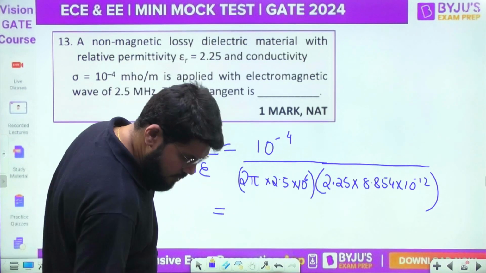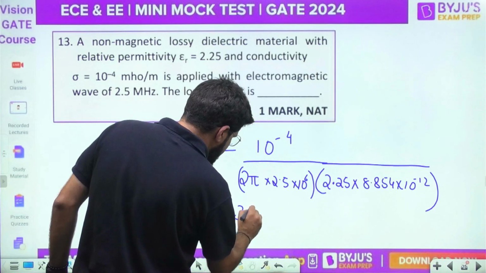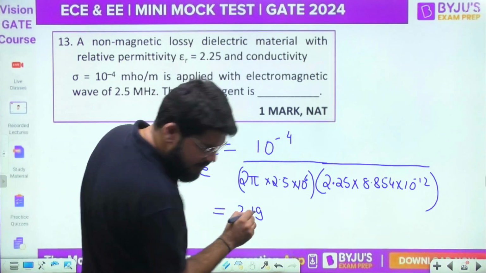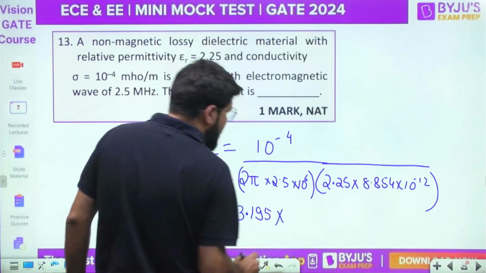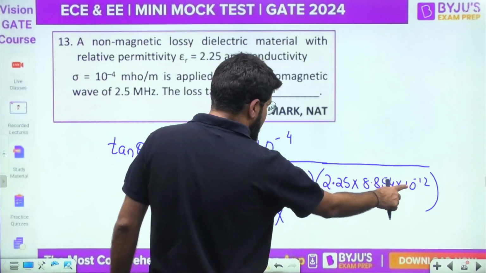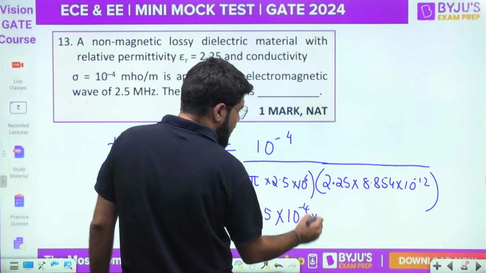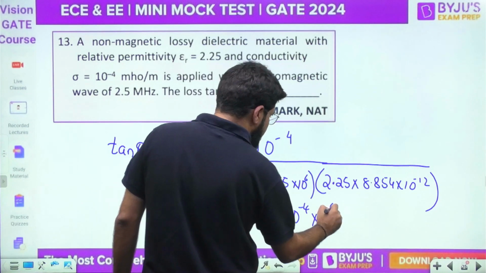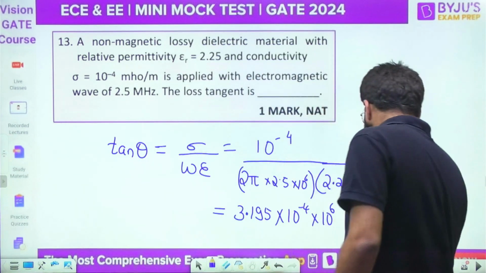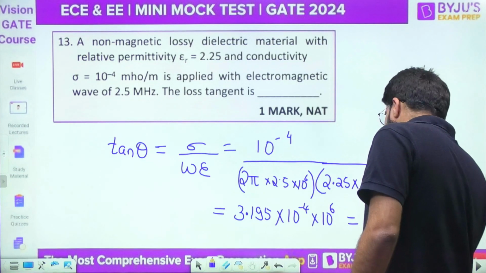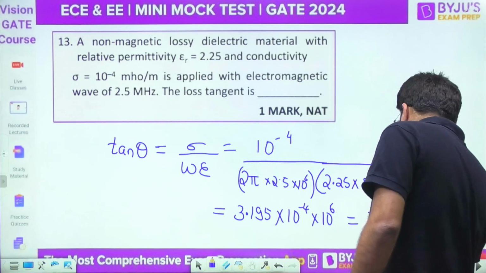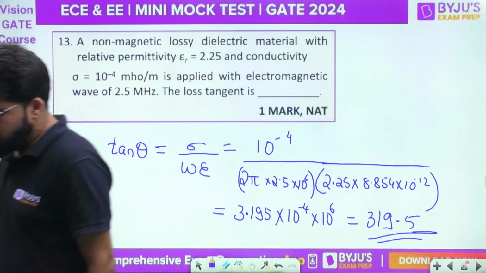The numbers turn out to be 3.195 total, multiplied by 10 power minus 6. 10 power minus 4 and 10 power minus 6 going above 10 power 6 gives 10 power 2, so it should be 319.5 approximately.